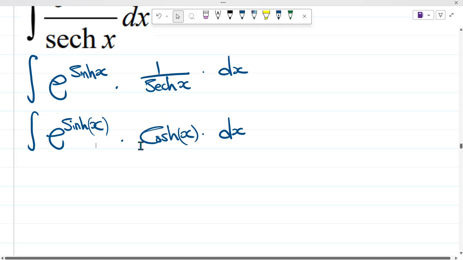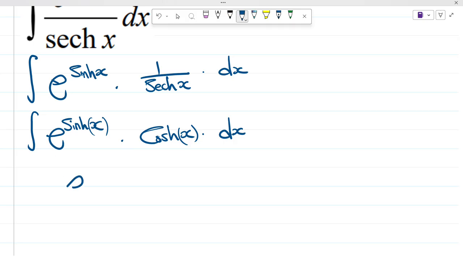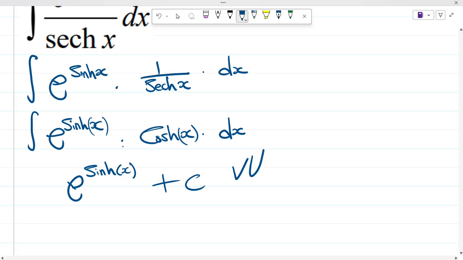So what do I do? If that's the case, then I just conclude that the answer for this is just going to be e to the power hyperbolic sine of x, then plus c. Ta-da! You're done. That's just it.